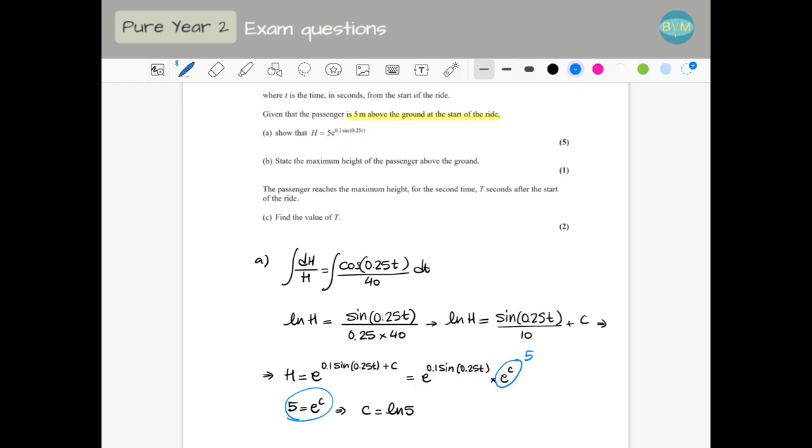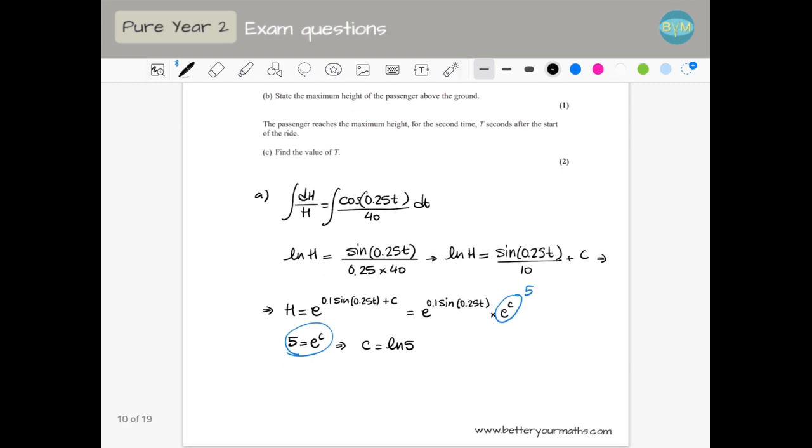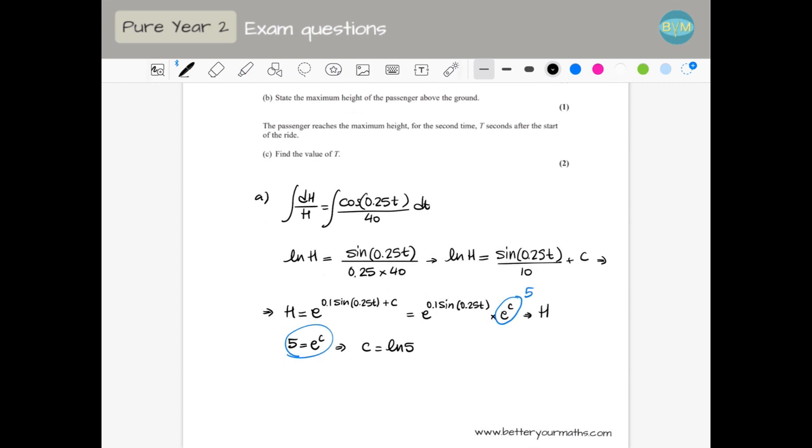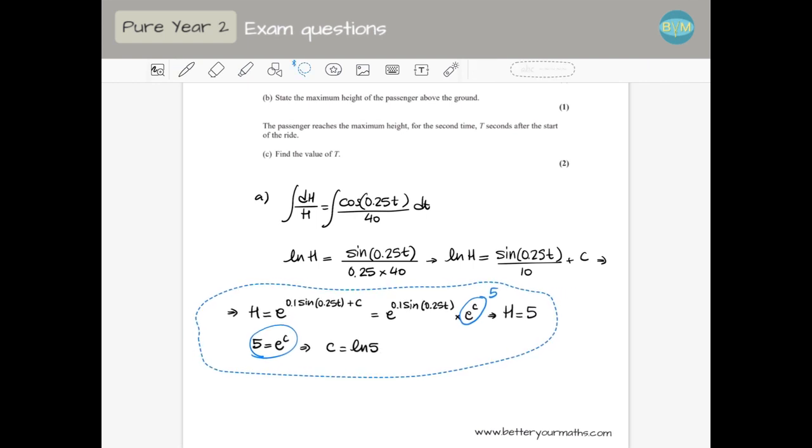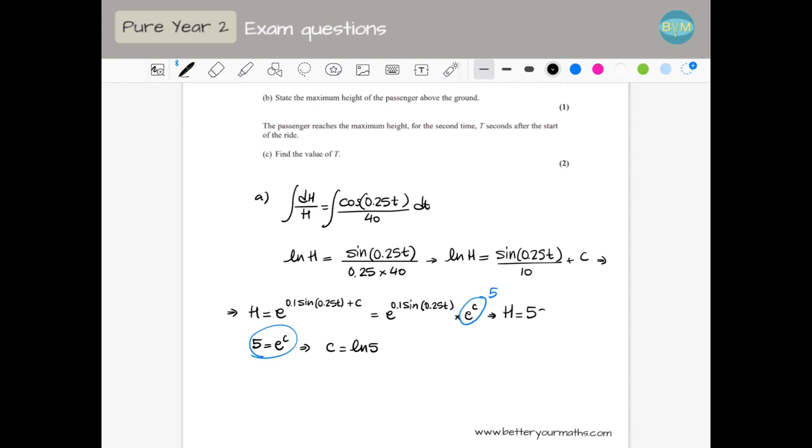So I just found the expression. That means that h is 5 e to the power of 0.1 sine 0.25t. That's what I have to find.